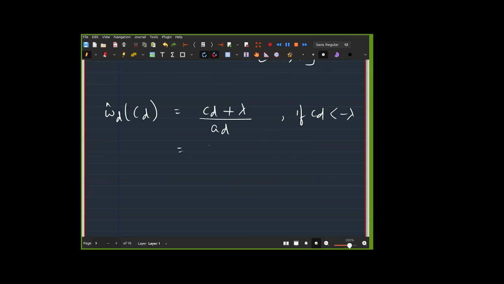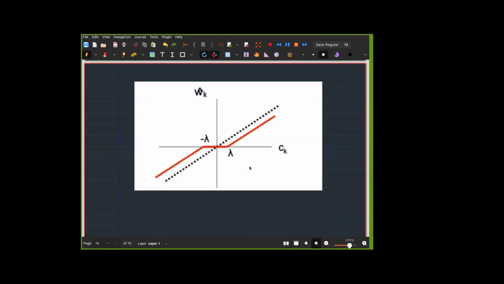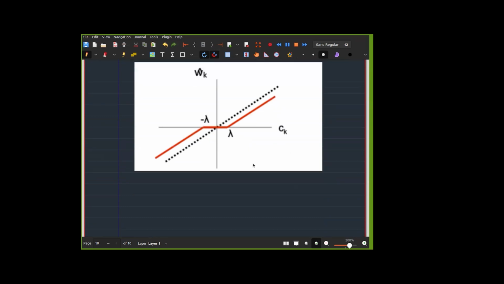So the second situation is CD minus lambda by AD if CD is greater than lambda. And it will be equal to 0 if CD is between minus lambda and lambda. By the way, there is something called a soft thresholding operator or soft thresholding function. I'll first write down the formula.